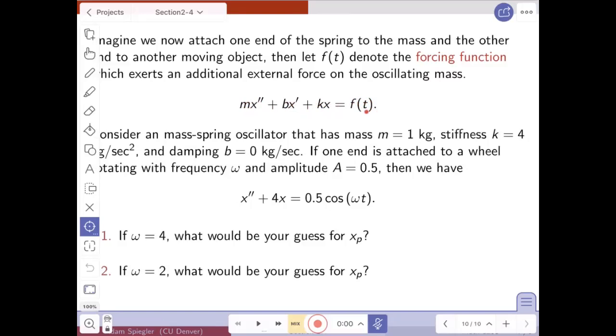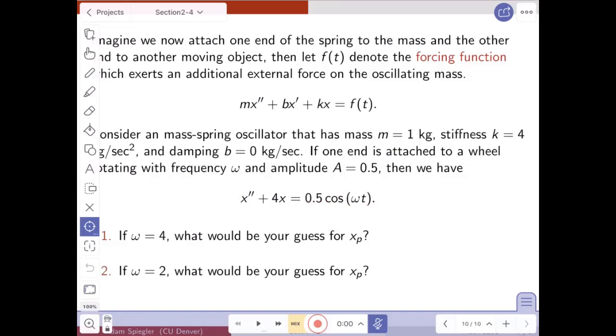So our equation now has a right side, which depends on time. And so let's consider the mass being 1, the stiffness coefficient to be 4, and now we have this forcing function over here, which is acting as the moving other end of the spring.